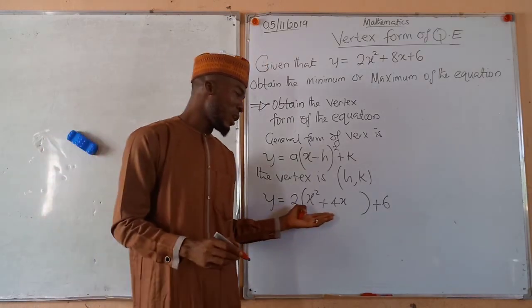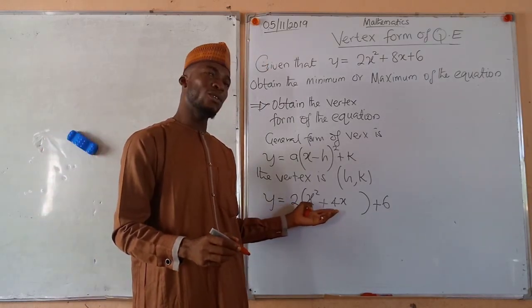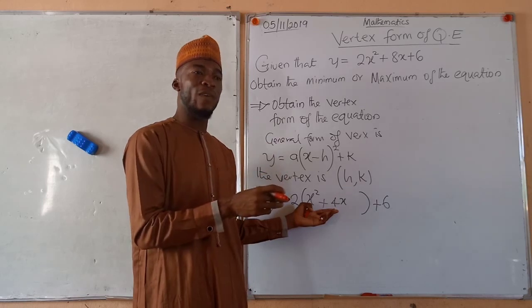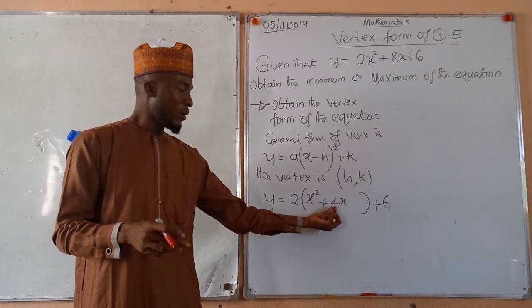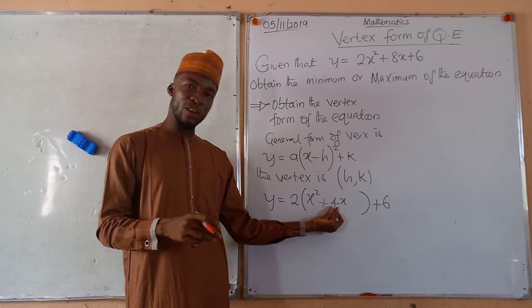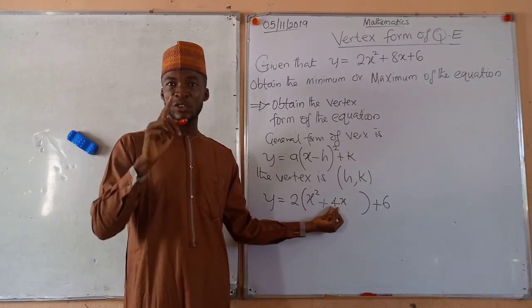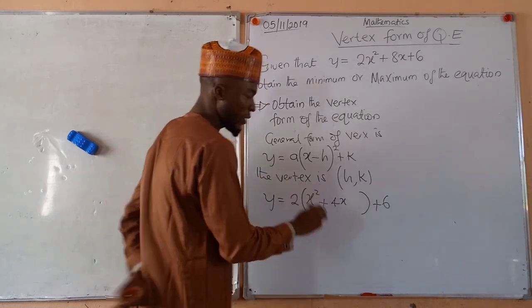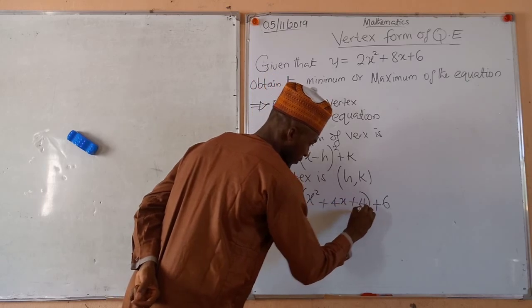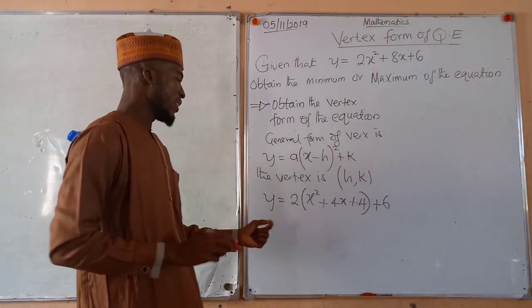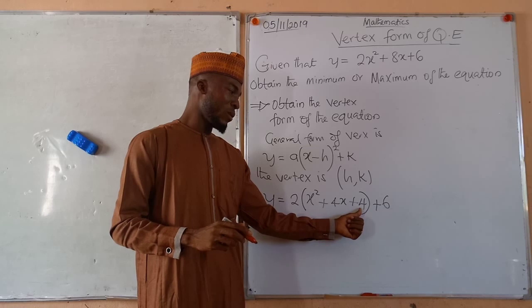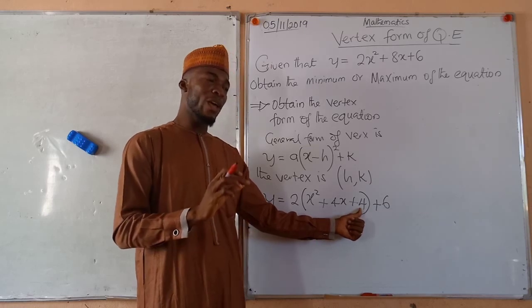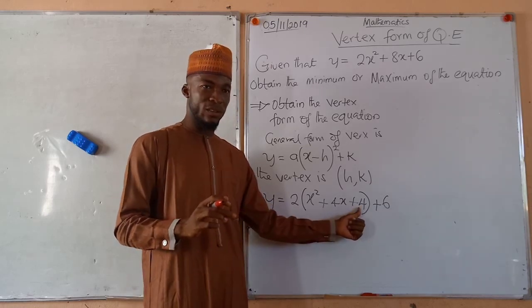Now we need to transform this into perfect square form. Plus 4, because if you divide 4 by 2 you get 2, and if you square it, you get plus 4. Since we have added 4 inside the bracket, the real number we added is 2 times 4, which is 8, so we need to remove it.